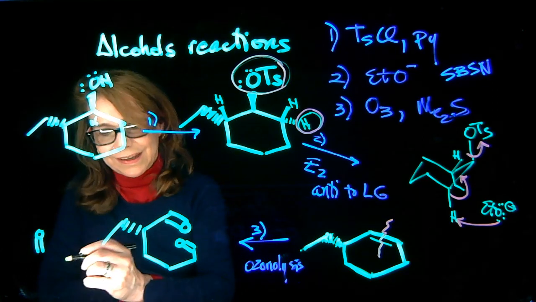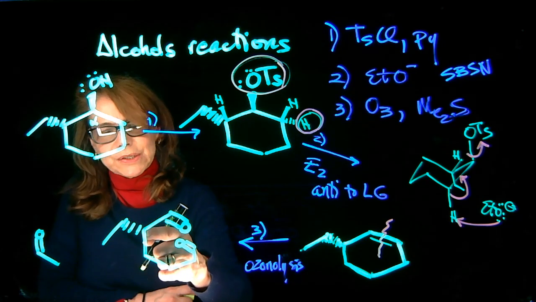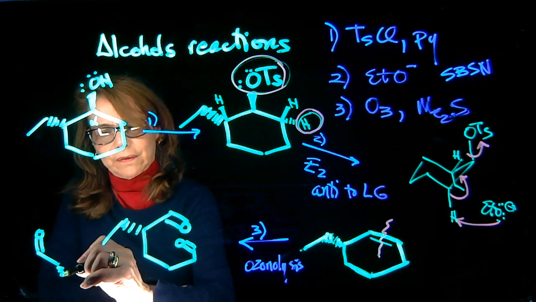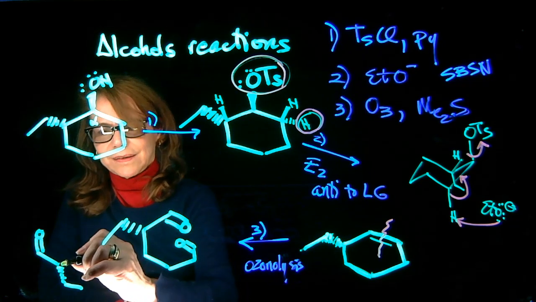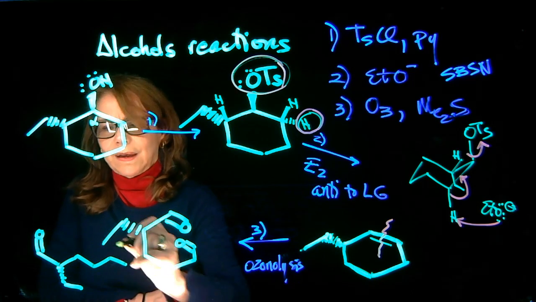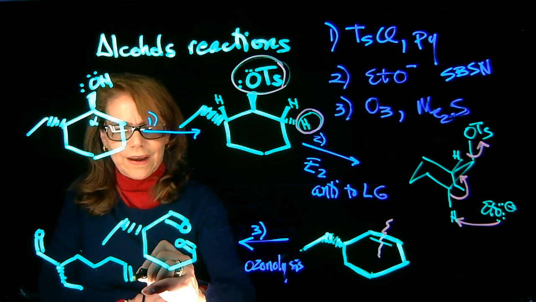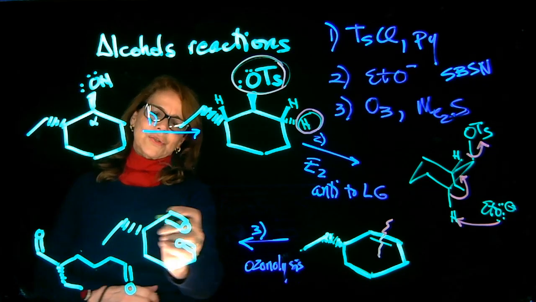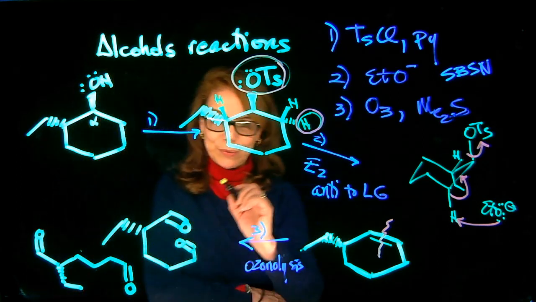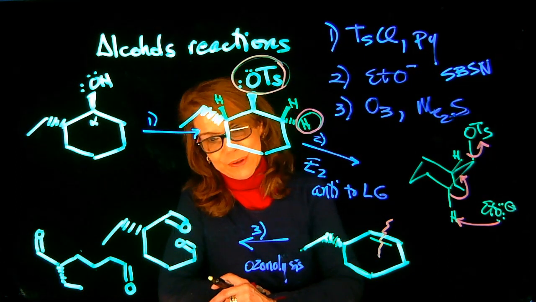That's another aldehyde. So carbon 1 and carbon 2, then we have this ethyl, carbon 3, 4, 5, and 6, and that's another aldehyde. These are the same molecule, but now one is drawn extended. And that's the final product for these reactions.